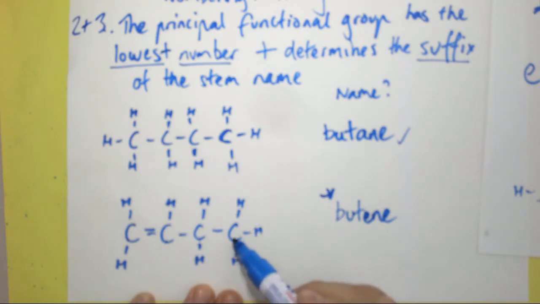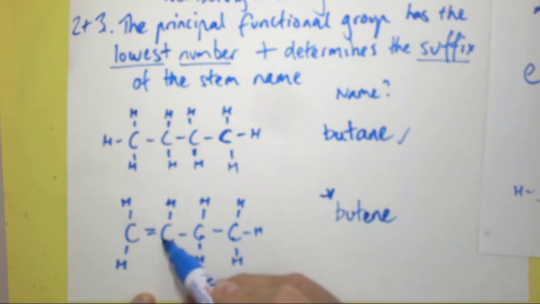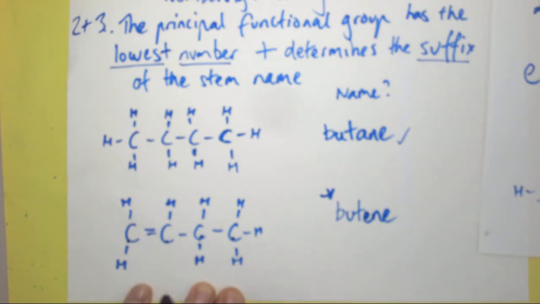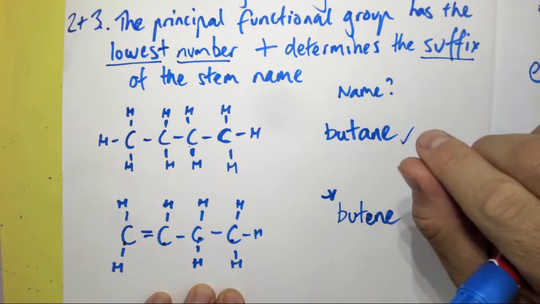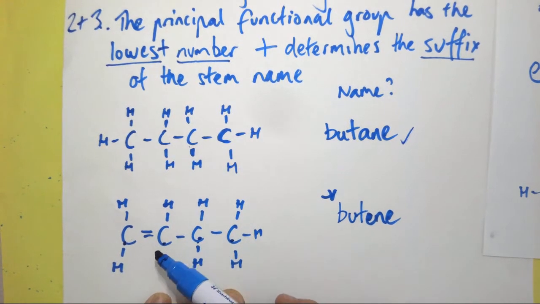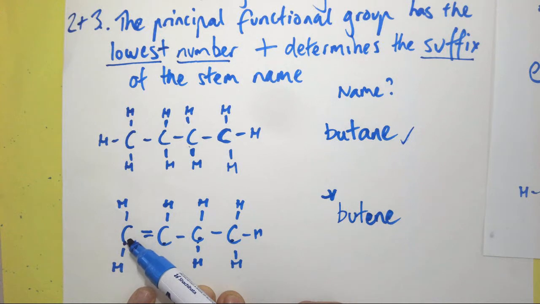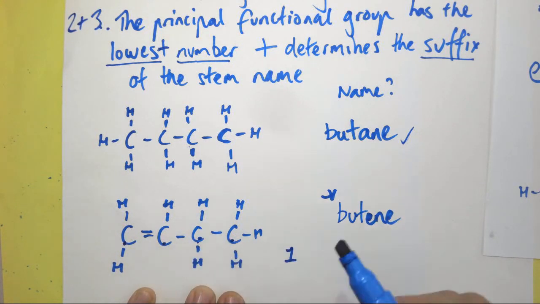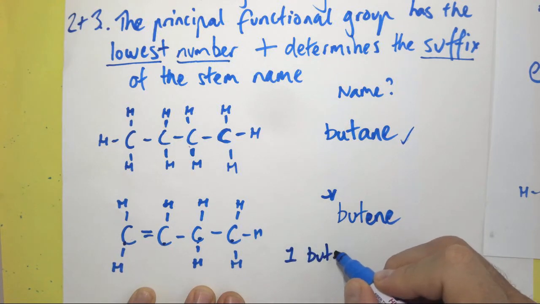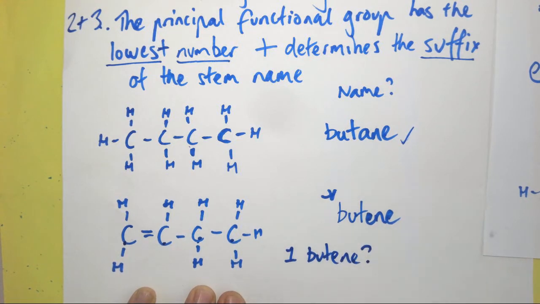Or we can count it like this: 1, 2, 3, 4. Our choices are to make this number 1, 2, 3, and 4, or 1, 2, 3, 4.